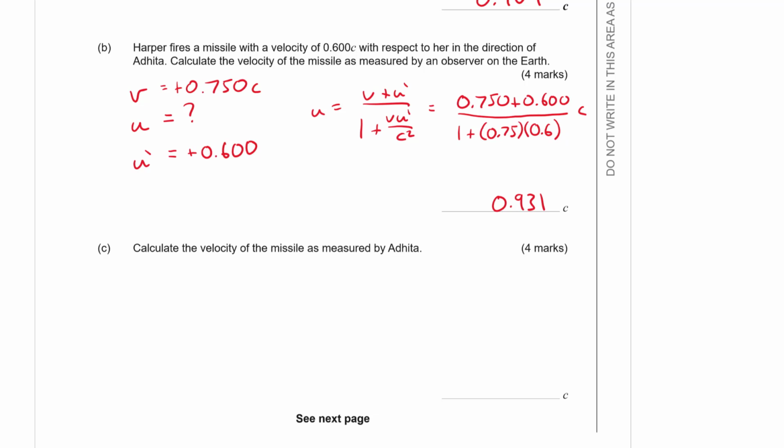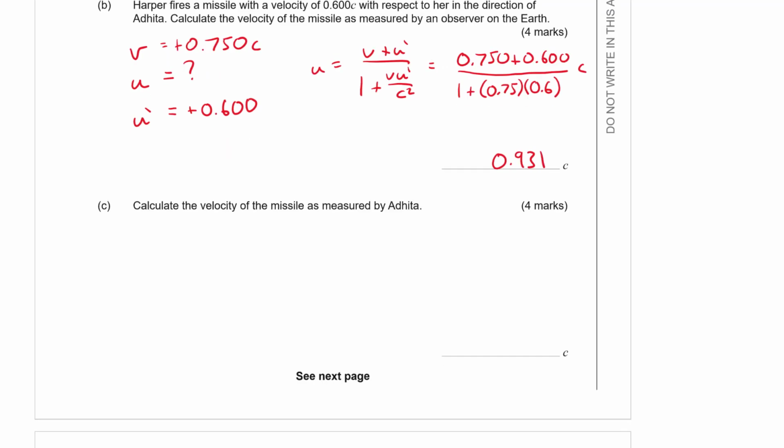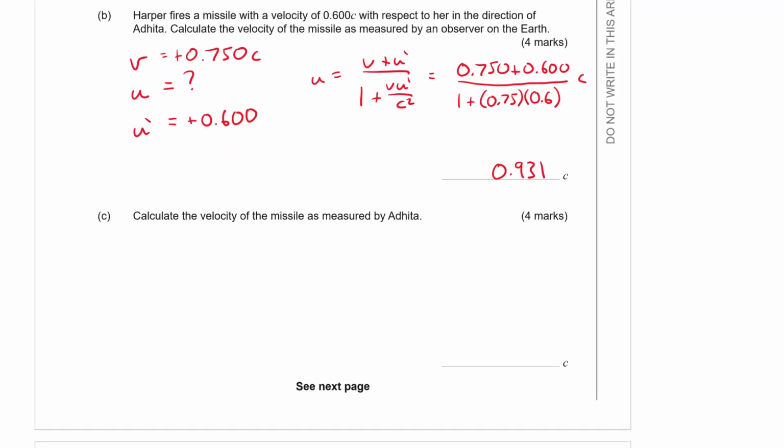Now this one can be done a number of different ways, two main different ways. It's asking for the velocity of the missile as measured by Atar. So because of that, I'm going to say that Atar is the moving reference frame, because that is where the measurement is being made, their observation, and we can remember it's negative 0.500 c.